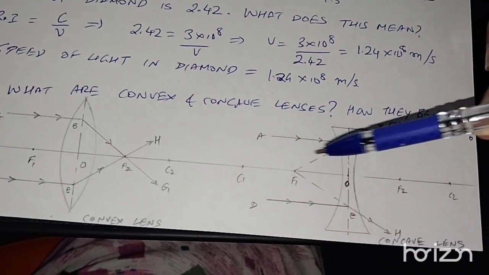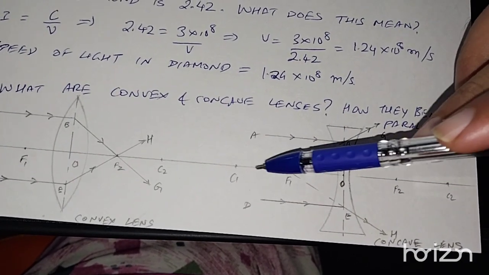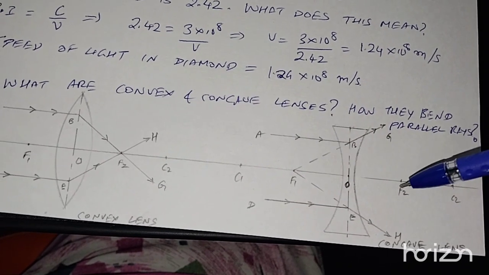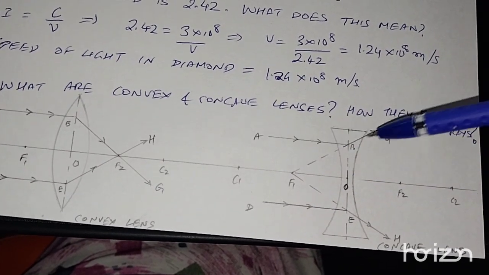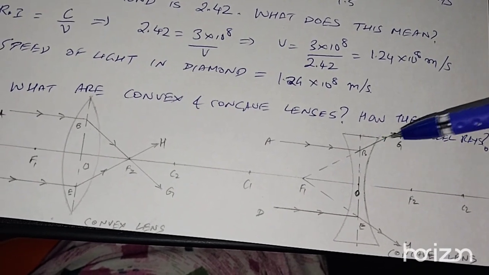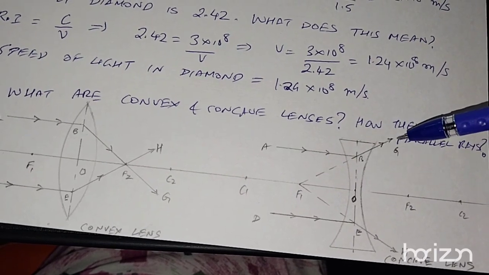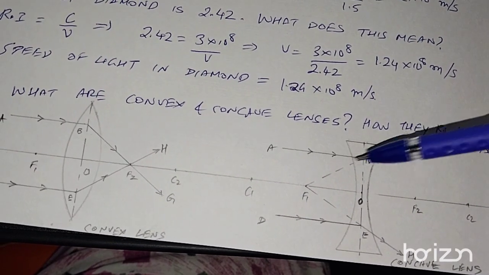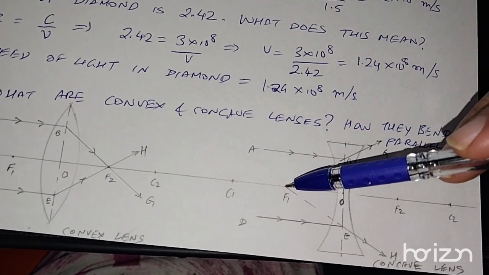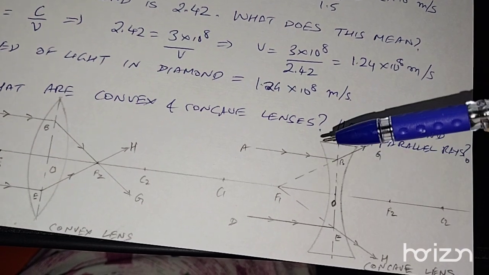So AB, a ray which is parallel to the principal axis, which is going through F1 and F2, is bent such that it travels along BG. You see this ray here, it travels along BG. So what has happened to this ray? It has diverged. How has it diverged? When you backtrace it, it hits the focus. So it is as though it is diverging from focal point F1.